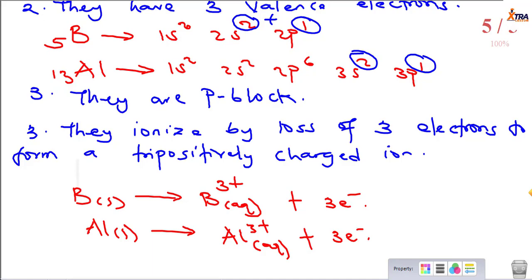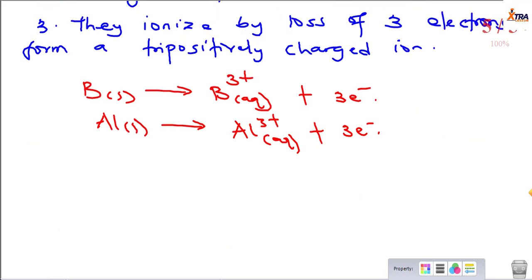What about their reducing abilities? They are reducing agents. Fine. And why are they reducing agents? Because they lose electrons. They ionize by loss of electrons. But when you compare them to groups 2 and group 1, they are the poorest reducing agents of the 3 groups.